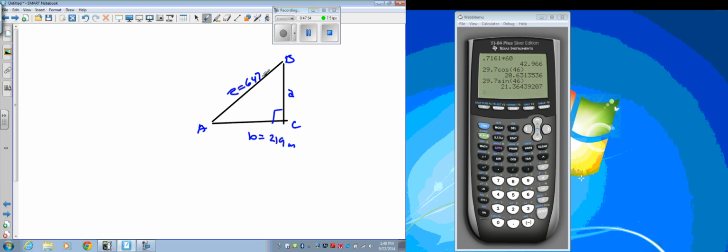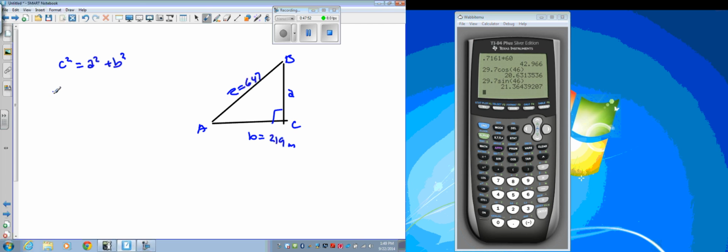So what are you going to do? Using the information you're given, these two sides, for A you're going to use the Pythagorean theorem. So you're going to use C squared equals A squared plus B squared.